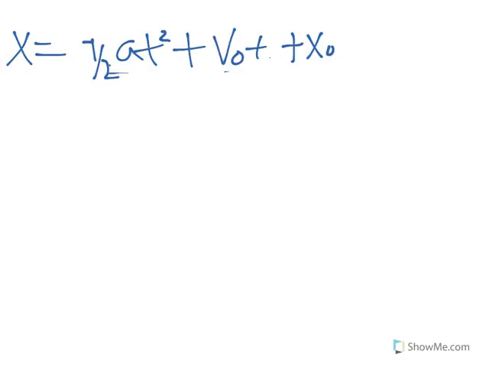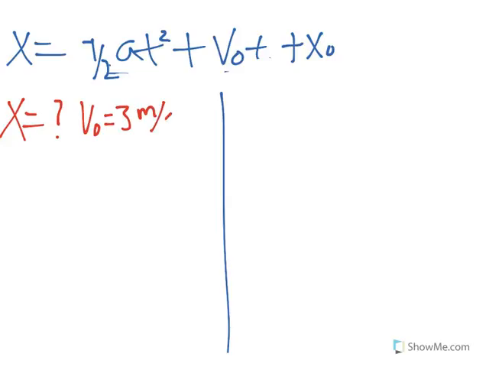Let's say I'll do 2 problems to show you how this works, because it's a pretty useful formula. So let's say that we first have an object. We want to know the position of an object that starts off going 3 meters per second. So its initial velocity is 3 meters per second for 2 seconds if it has an acceleration of 2 meters per second squared.